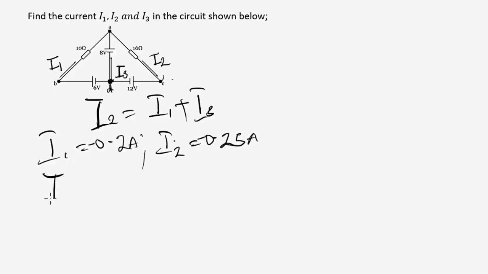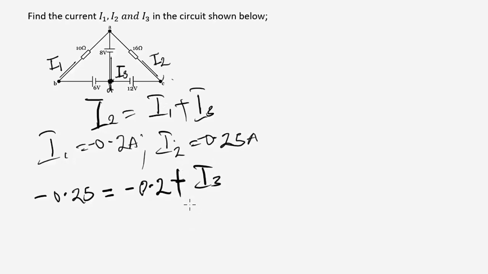So replace I2 by minus 0.25. So go ahead and write minus 0.25 is equal to I1, which is minus 0.2, then plus I3, which is unknown.